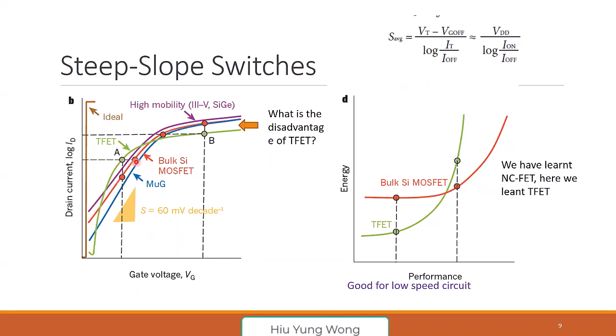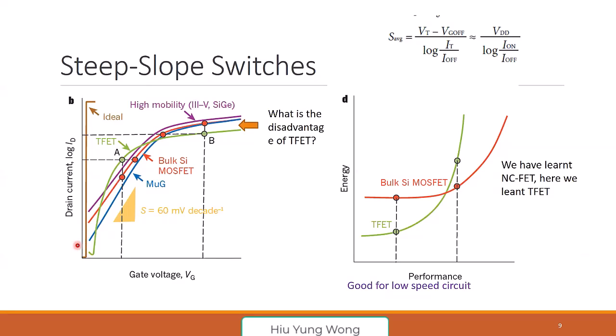Is the bulk silicon MOSFET. It has this slope, okay? So to have the same on current, if I go with multi-gate, like FinFET, I can have the same on current, but I have a steeper subthreshold slope that is closer to 60 millivolt per decade. And you see that I have less leakage current.